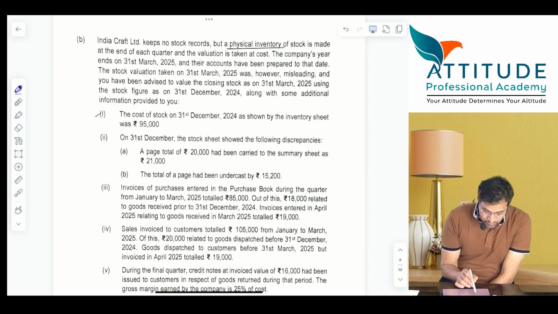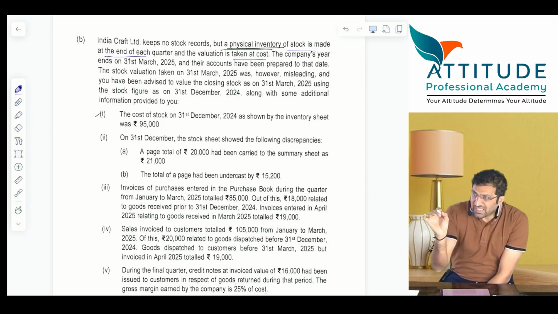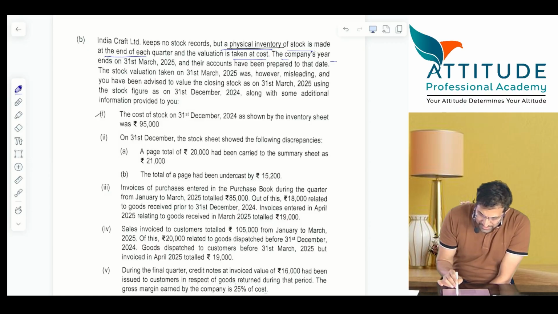India Craft Limited keeps no stock records, but physical inventory of stock is made at the end of each quarter and the valuation is taken at cost. So physically you are checking the goods. The company's year ends on 31st March 2025 and their accounts have been prepared to that date.